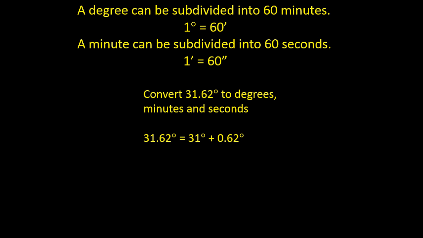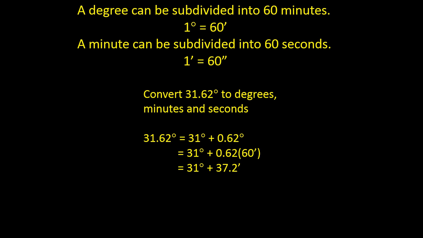Well, we'll start by thinking of 31.62 degrees as 31 degrees and another 62 hundredths of a degree. Now 62 hundredths of a degree would be 62 hundredths of 60 minutes. And if we multiply 62 hundredths times 60 minutes, we get 37.2 minutes.